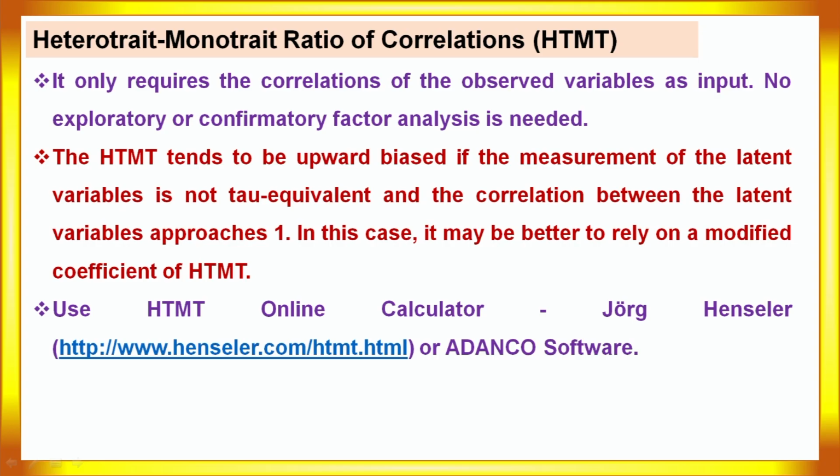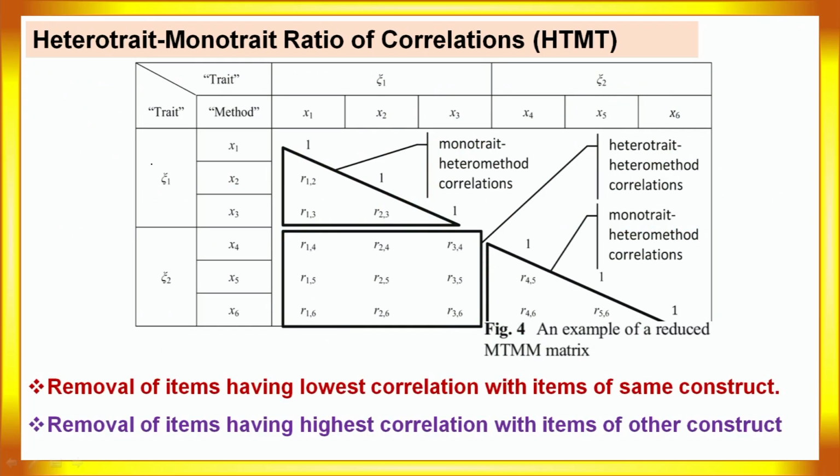The HTMT ratio can be calculated easily by using open source software or an online website. For the knowledge of the learners, I mention the address of the website or software that can give you the HTMT output.